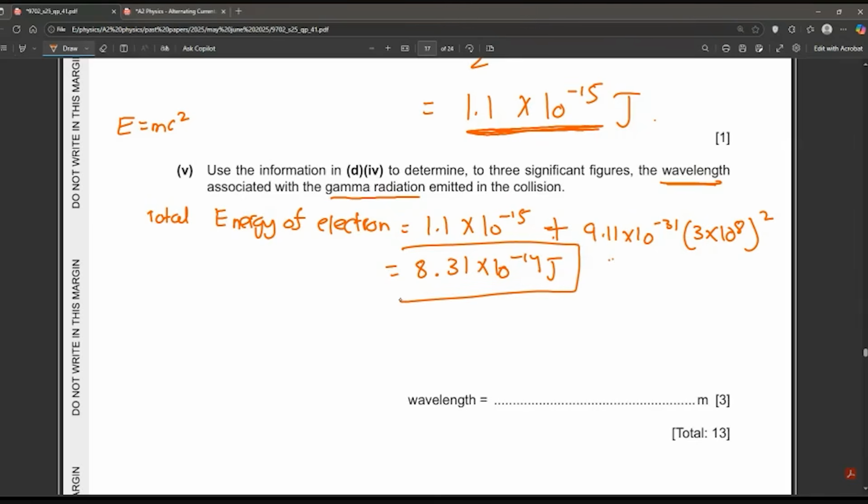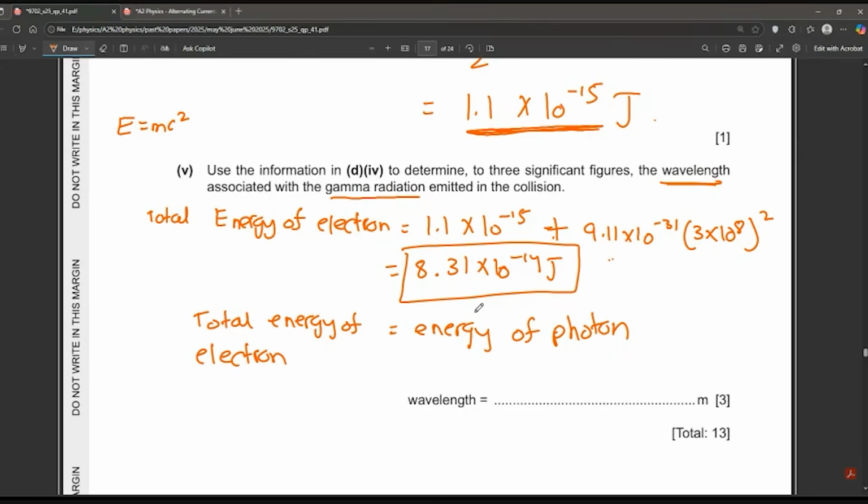This is the total energy of electron. Now this total energy of electron gets converted into what? Energy of photon. Total energy of electron gets converted into what? Energy of photon. Hanji. Can you equate both of these? Yes.